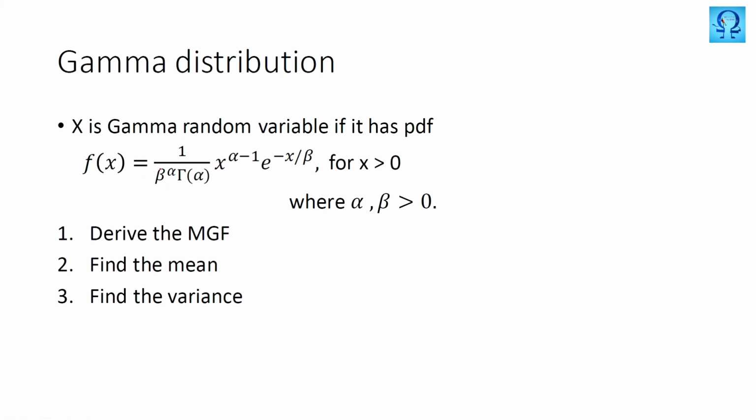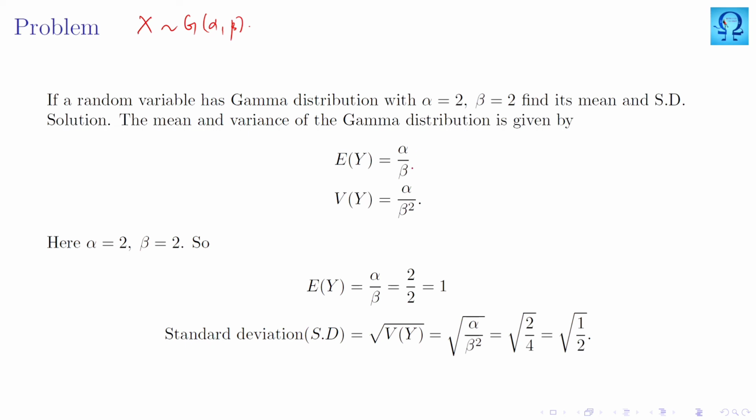Instead of giving this in this form, in some literature they will prescribe your f of x as beta to the power alpha upon gamma alpha, x to the power alpha minus 1, and e to the power minus beta x, for x greater than 0 and alpha, beta greater than 0. So your gamma random variable may have a PDF of this form, so it can take either of these forms. Now I think in this problem, in the solution, they are following the second form.